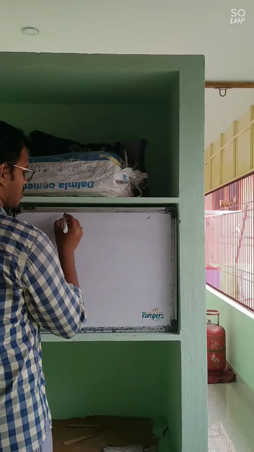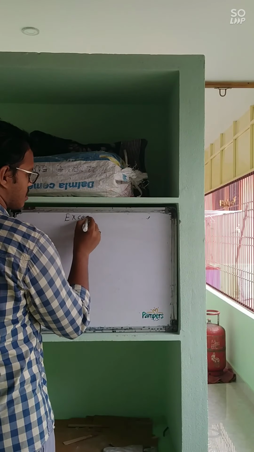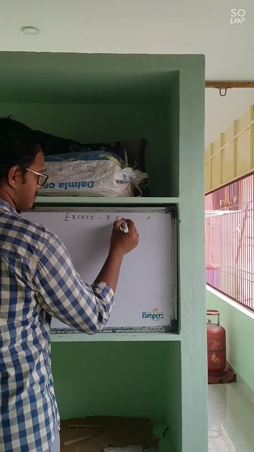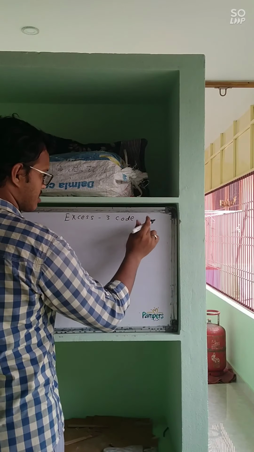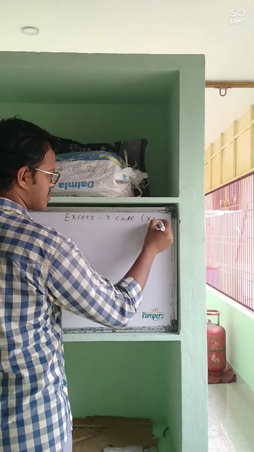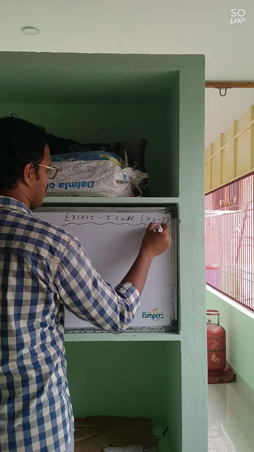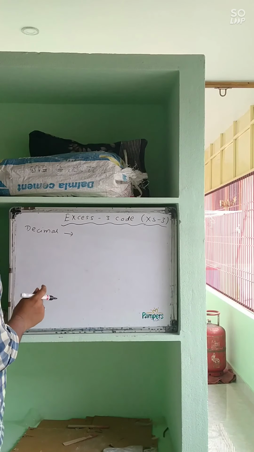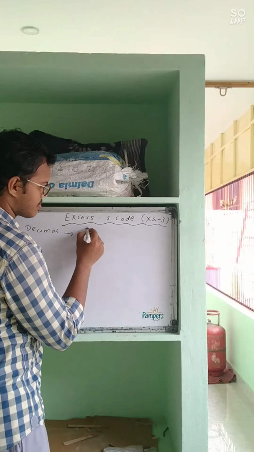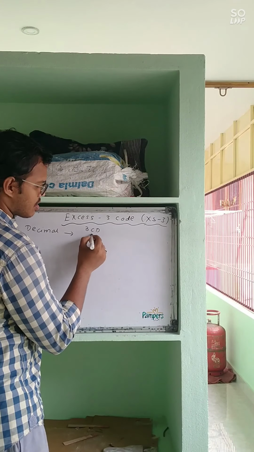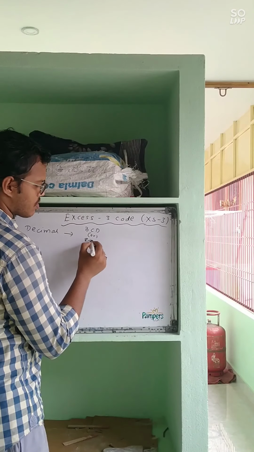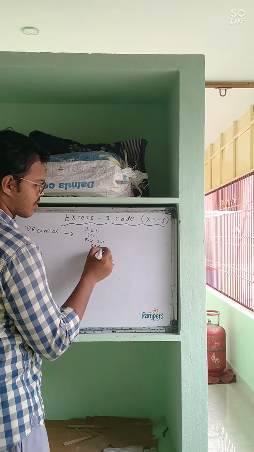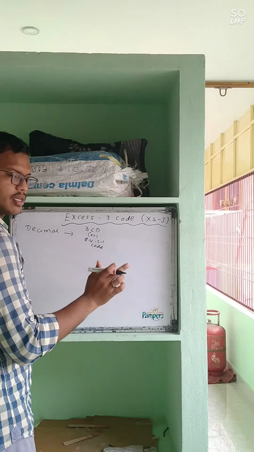Excess 3 code, you can write it as XS-3. In excess 3 code, first of all, how do we convert a decimal number into BCD, which means the 8421 code? The 8421 code is also known as BCD.